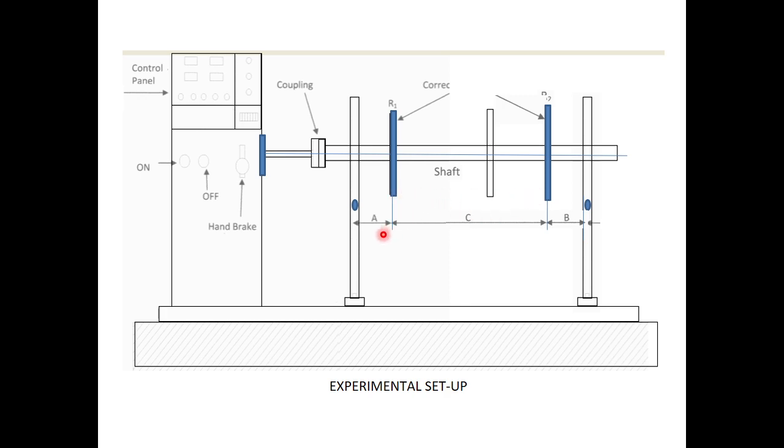And what is A and what is B, you understand. A is the distance of correction plane 1 from the left bearing, and B is the distance from the right bearing. So these A, B, C are the axial distances, and R1 and R2 are the radii of these correction planes. That means the radius at which we will place our correction mass.